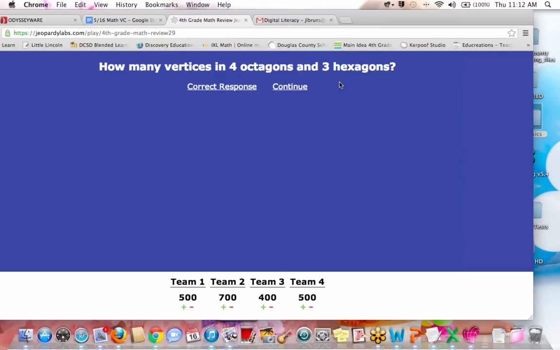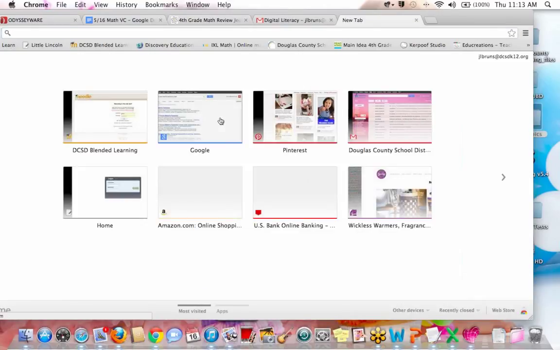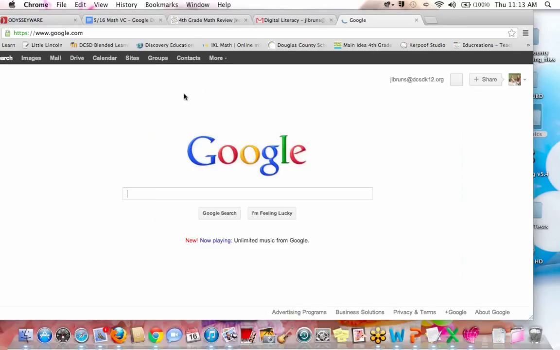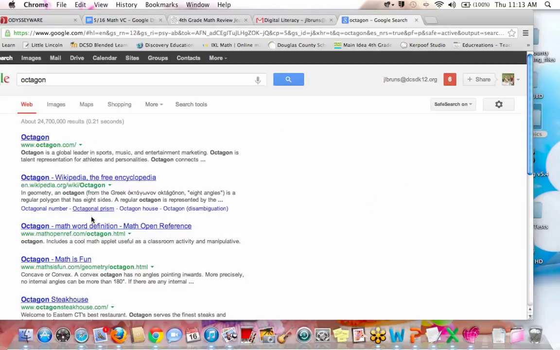That's kind of tough. Let's look for a picture of an octagon and then look for a picture of a hexagon, and then we can multiply it by 4 and by 3. Be a little easier that way. All right, octagon. Okay, how many vertices? Vertices are these points here.